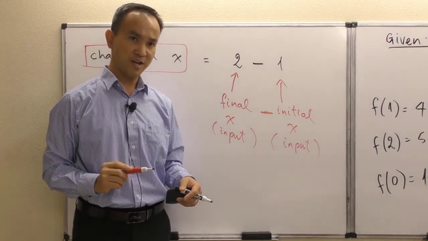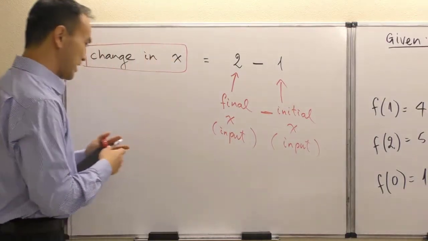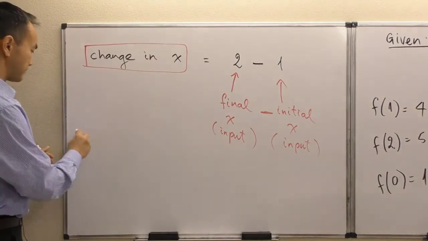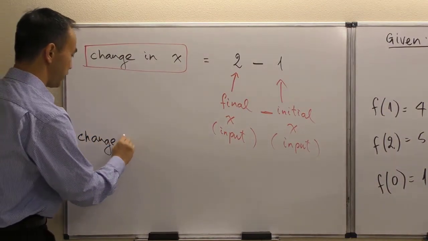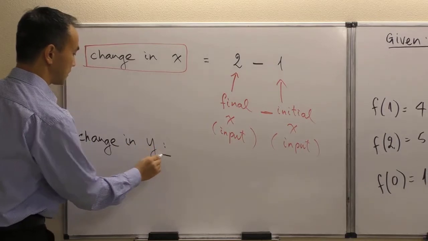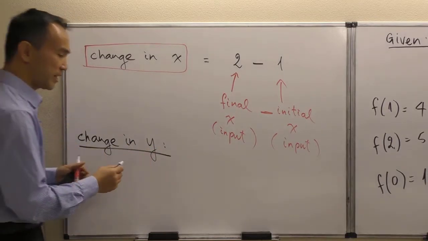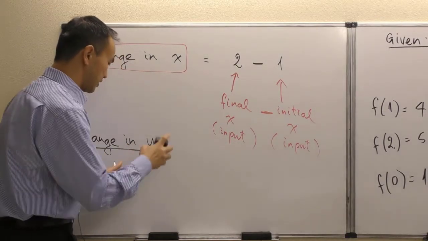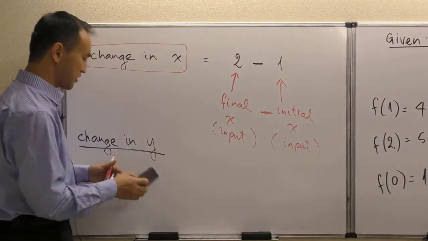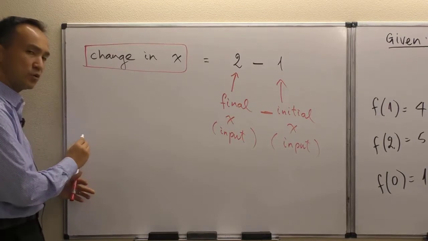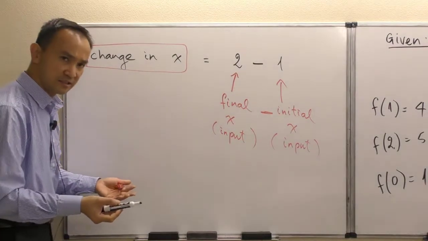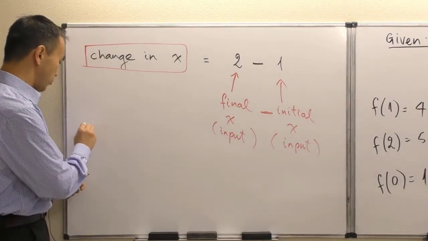Now, when it comes to change in y, we can also calculate that. Earlier on the other board, I was only pointing out, to make my students realize, that there was a change anytime we have two different values.